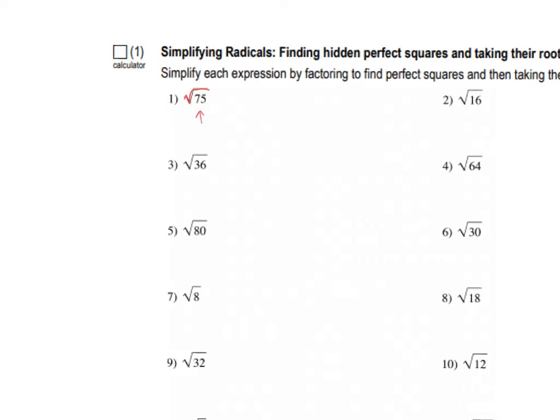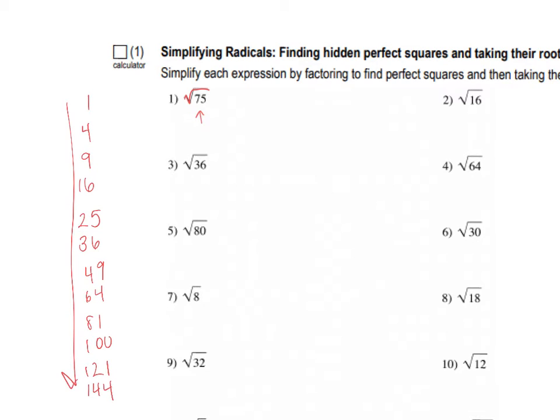So perfect squares include 1, 4, 9, 16, 25, 36, 49, 64, 81, 100, 121, 144. So those are the ones that we're really going to focus on, okay? So those are perfect squares. So this is something that you should write down in your notebook, okay? Because we're going to use these.